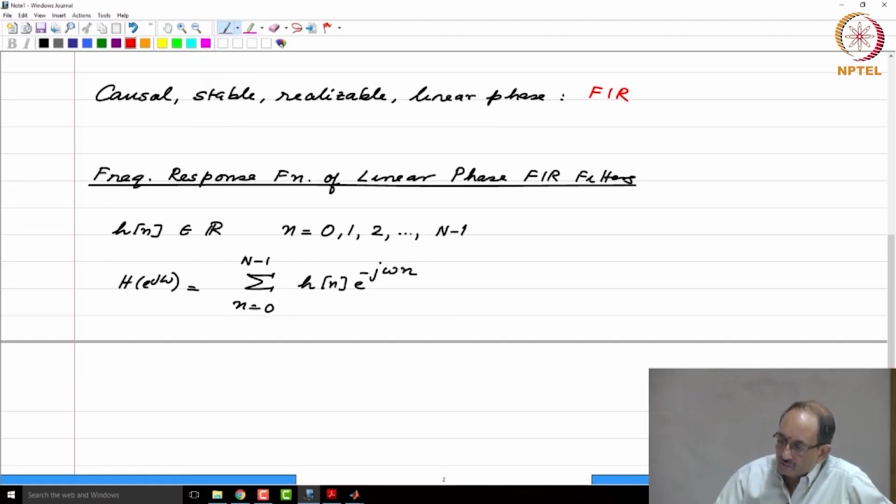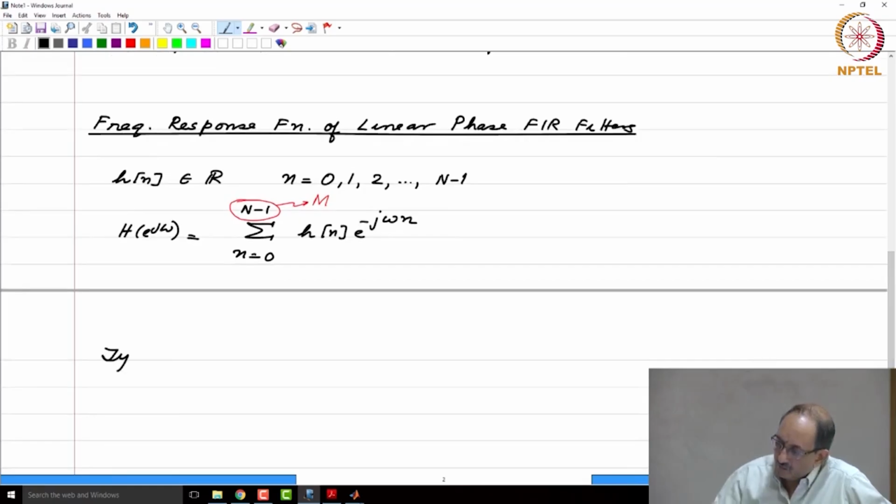In this particular section, it is customary to denote n minus 1 as cap M. So, whenever you see cap M, it really stands for n minus 1. So, let us look at type 1.